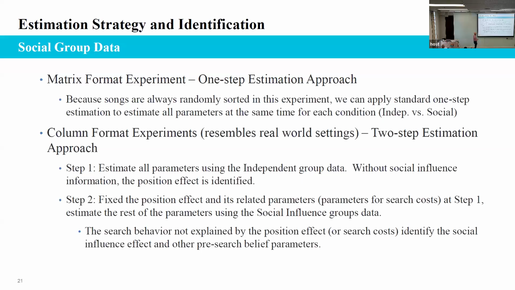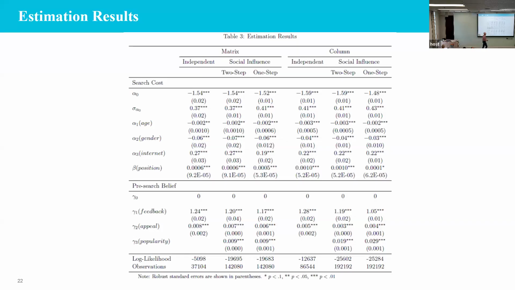And so we're going to estimate a model. I'm going to show you the two-step procedure, and we'll focus on the right side of the panel. Now we have an independent group, right? The first step is just to apply the independent group data, using those data sets to estimate the model, and we're able to estimate the position effect along with other parameters of the model.